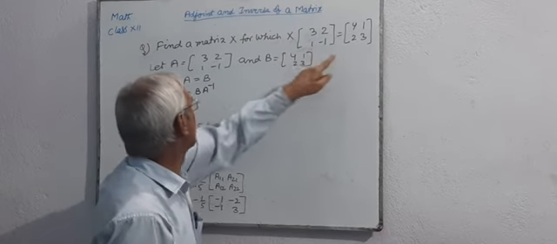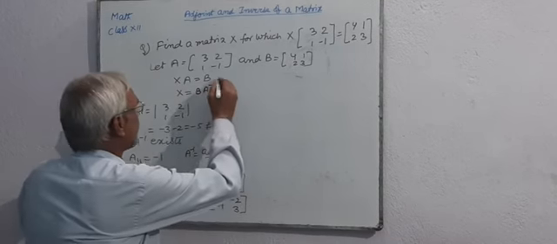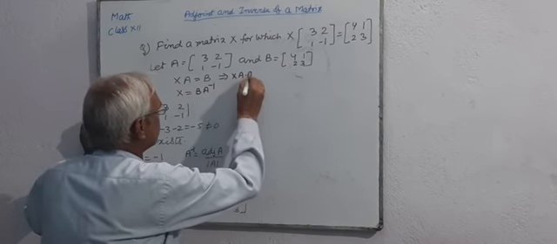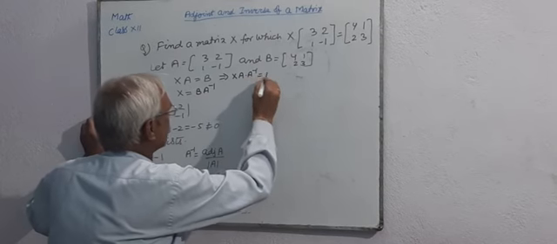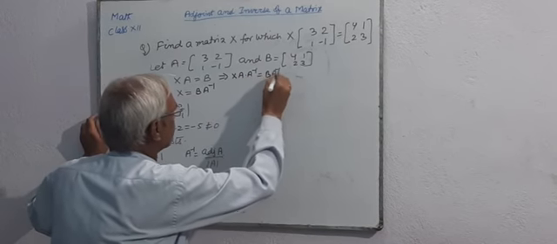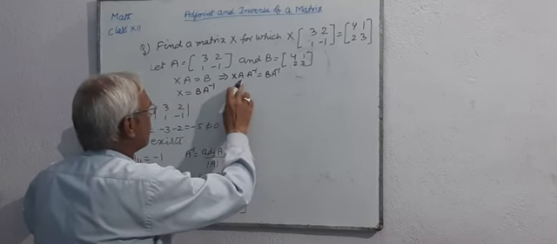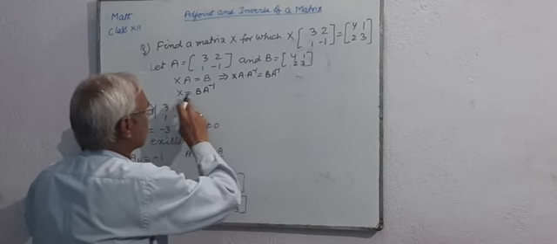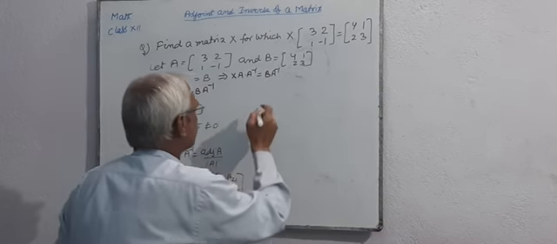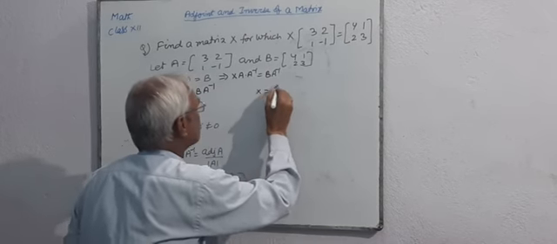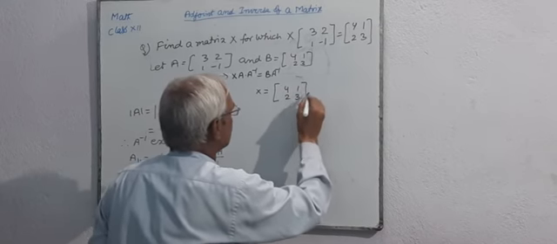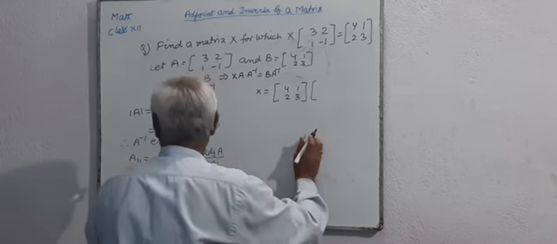XA = B. Multiplying both sides by A inverse, X A A inverse = B A inverse. Therefore, A A inverse = I, X I = X, so X = B A inverse. X = [4 1; 2 3] into A inverse.